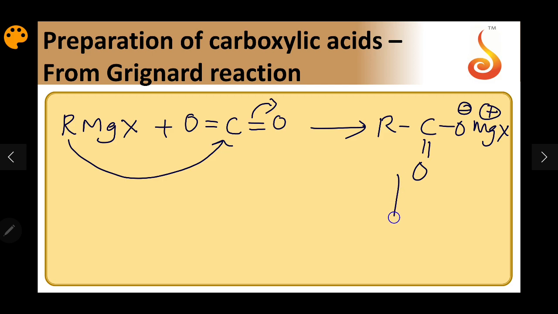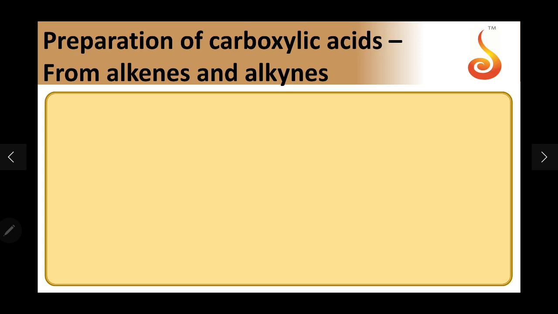Just adding excess water, it becomes carboxylic acid. This is called carbonation of the Grignard reagent. So Grignard reagent on reaction with CO2 followed by hydrolysis will give the corresponding carboxylic acids.